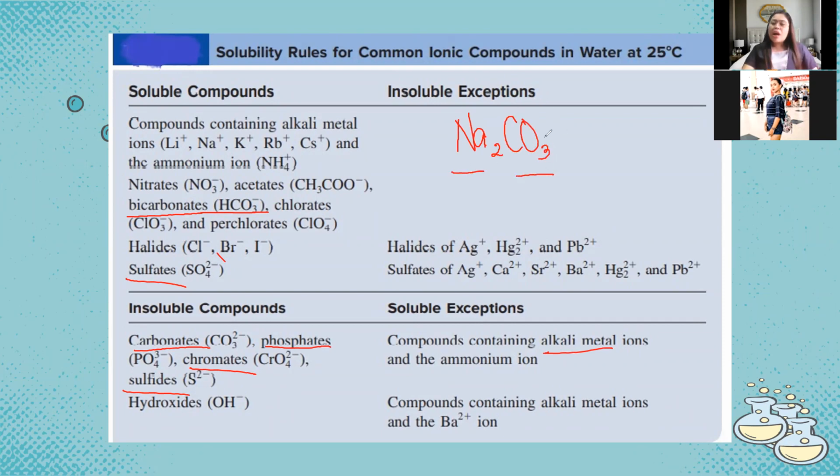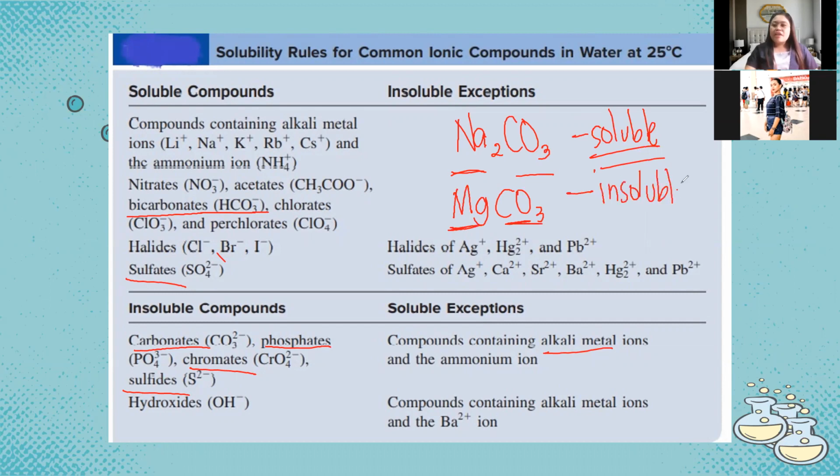So meron kang carbonate dyan, but because its partner is an alkali metal, which is sodium to be specific, this will become soluble in water. Pero kung hindi alkali metal or hindi ammonium yung kanyang partner class, for example, magnesium carbonate, eto, since this is not an alkali metal, tapos carbonate siya, ito yung example ng insoluble sa tubig.